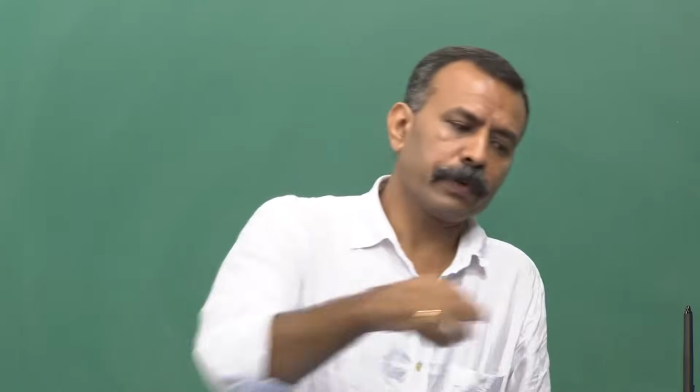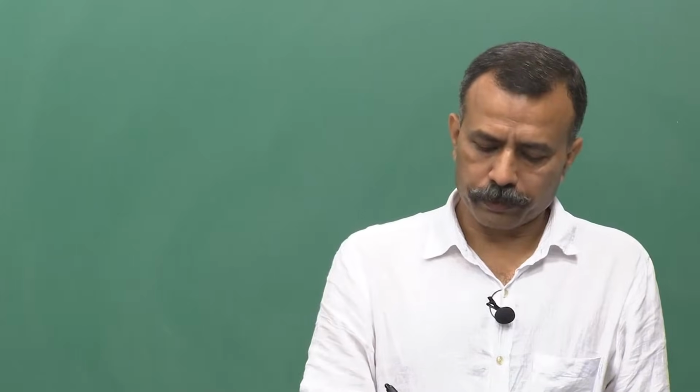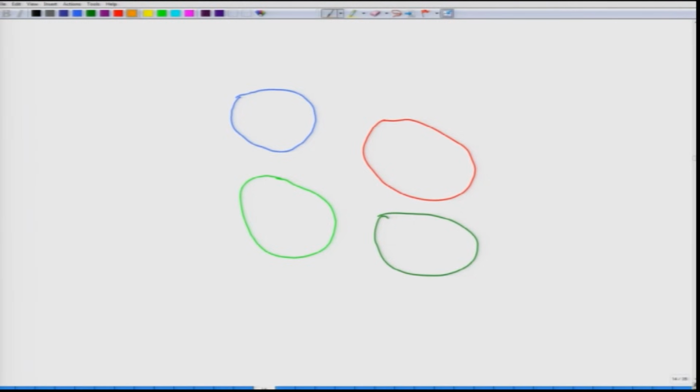Say for example, you consider your body as a colony. Let me draw it. It's a blue colony, a red colony, a green colony, a dark green colony, an orange colony, a pink colony, a faded blue colony. Okay, this is good enough. Each one of these colonies has different cells which govern them.